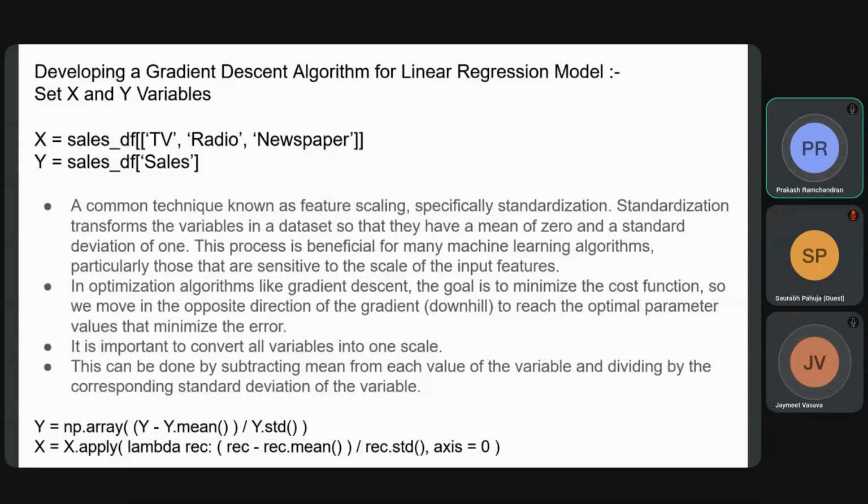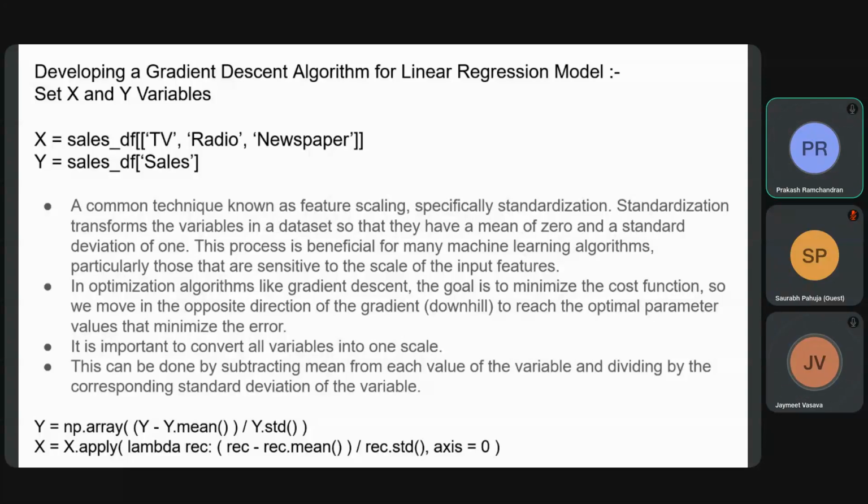So is X the dependent or the independent variable? Independent. All the independent variables that you are using, like TV, radio, and newspaper, are in columns, and there you put axis equal to 0.